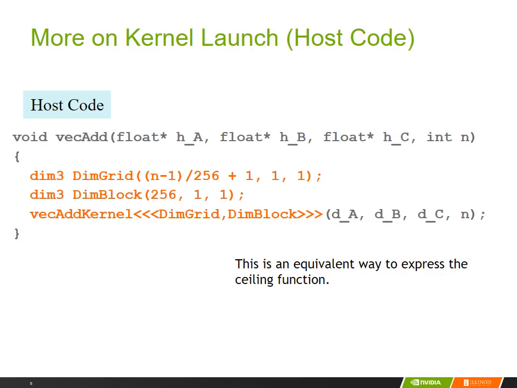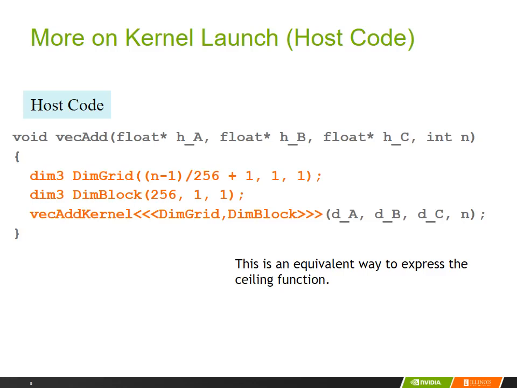And for dim block, this is the struct variable to specify the number of threads in a thread block in each dimension. So again, we only have one dimension and we want 256 threads in a thread block, so we're going to just have 256 and 1 and 1. Now we can use these two variables as the configuration parameters, and that will achieve our goals.